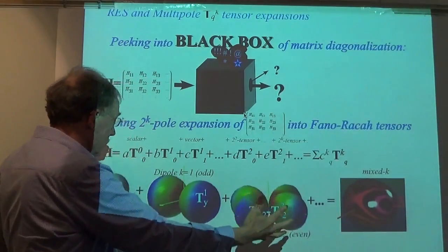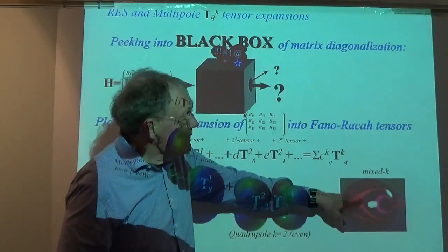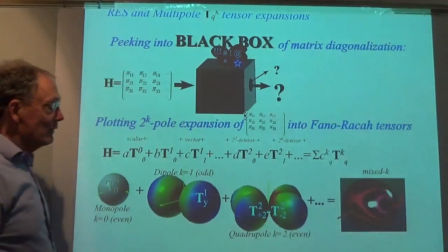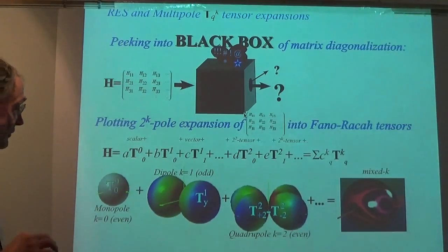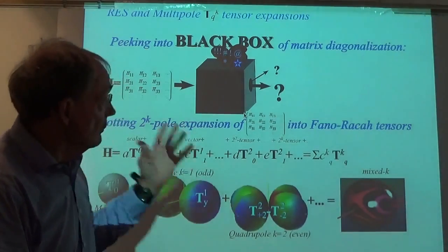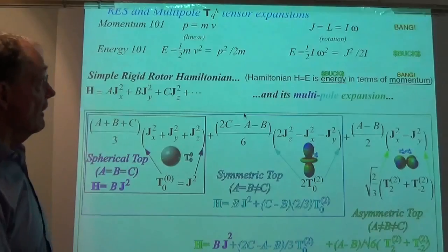And of course it's when you combine these things, when you add these things up, that you get some particular, in this case, a mixed up rotational energy surface. It isn't just a single tensor. But still, you can use these methods that we're talking about to analyze the spectra of it.